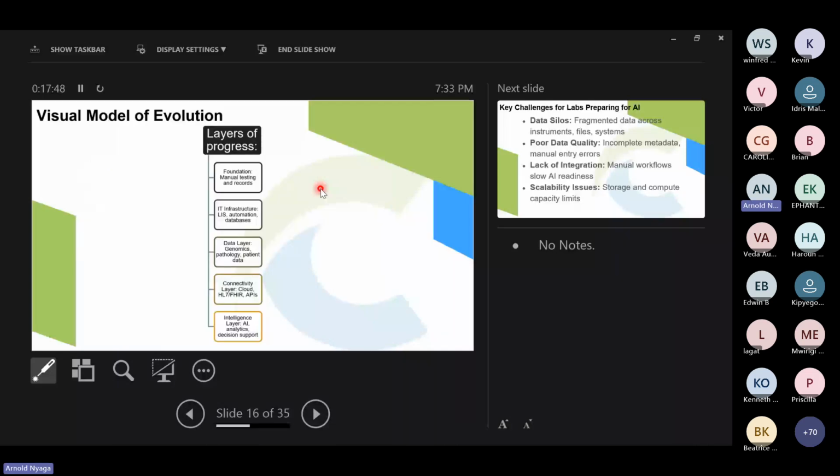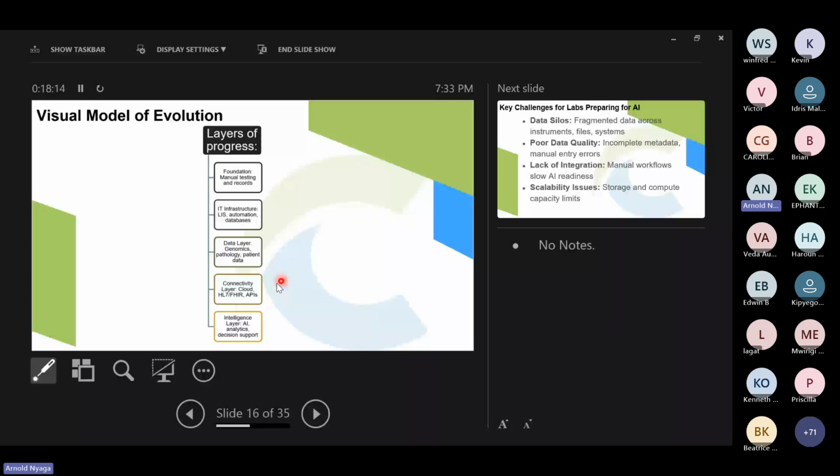So just a brief of what we have been talking about. We had the foundations, whereby we had manual testing and records, and also we had IT infrastructure, whereby we had the lab information systems, automation of analyzers, and creation of databases. We have now data layers, whereby we are getting a lot of data in genomics, in pathology, and in patient data, since we have the LISs.